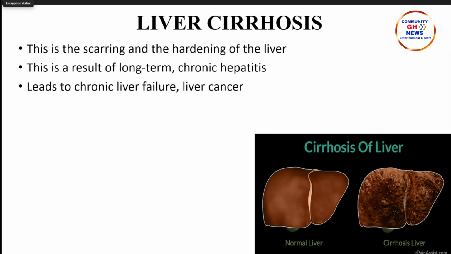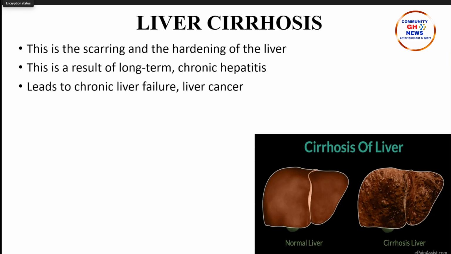Then for liver cirrhosis, there isn't really a treatment, unless maybe you are going in for a liver transplant. The only thing that can be done is lifestyle modification. It's more symptomatic treatment.